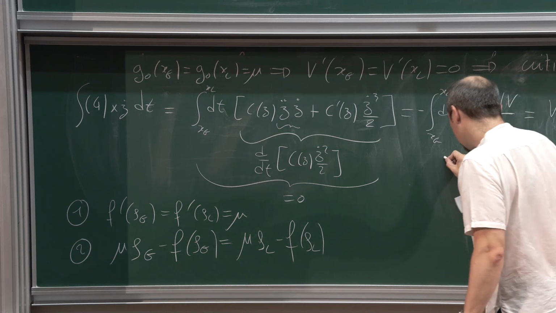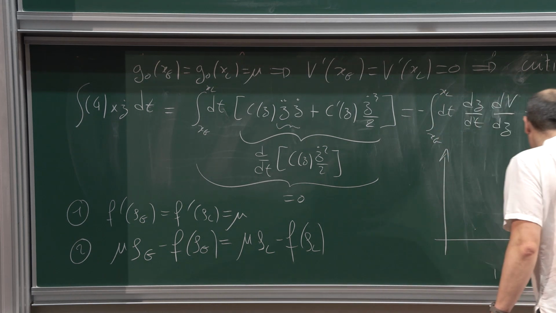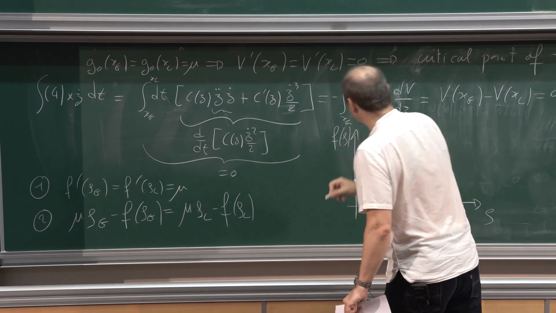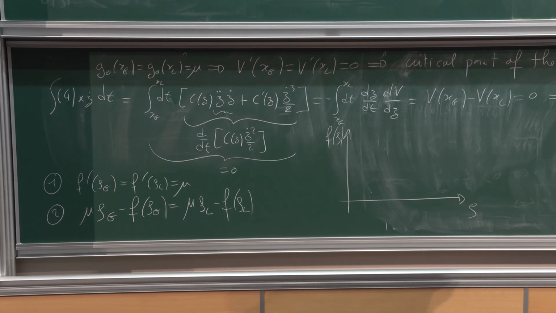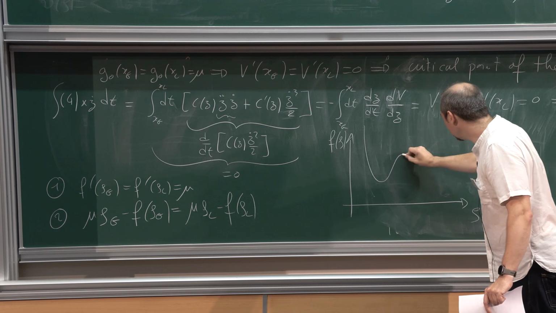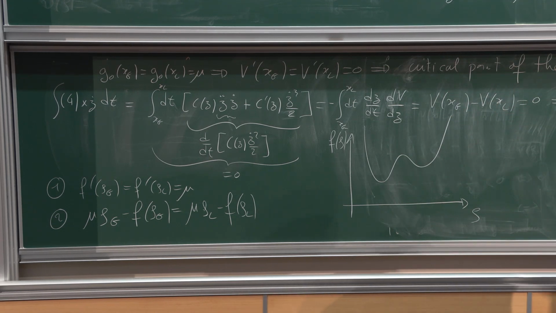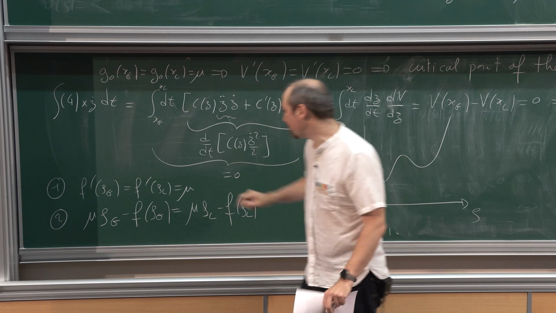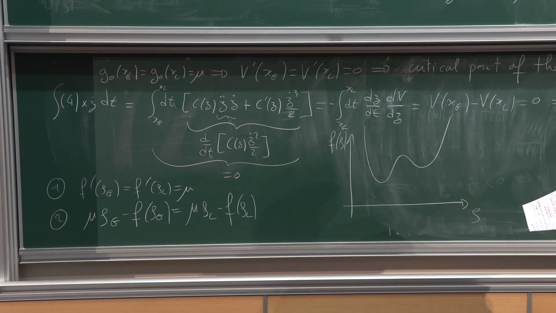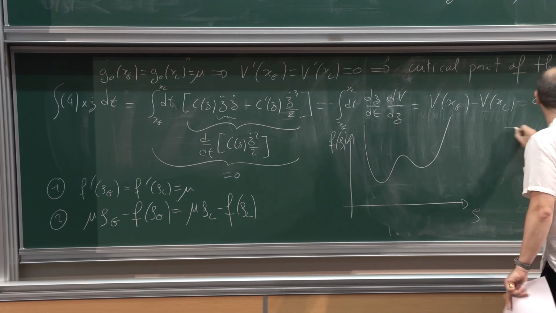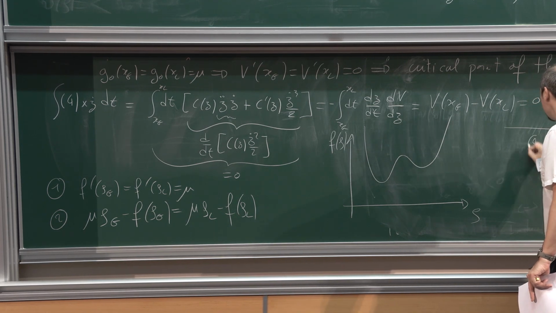So there is a nice graphical way of plotting this. I was given a free energy. I want phase separation, so I want it to be non-concave. I have something like that. I'm looking for a value of mu and points rho gas and rho liquid such that the derivative is the same.